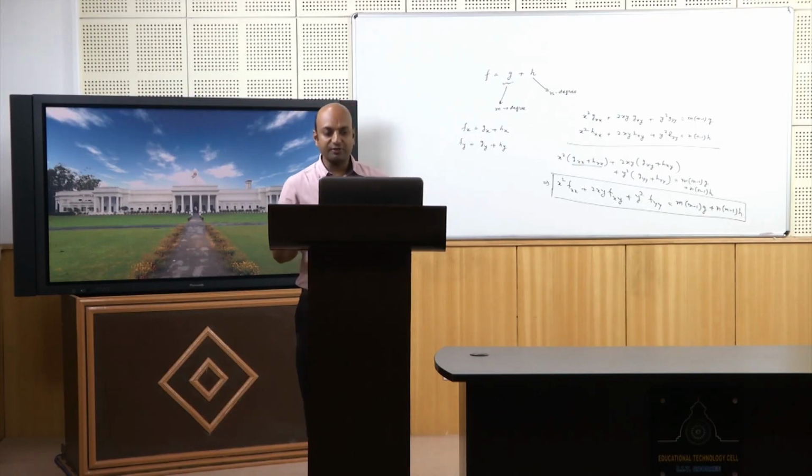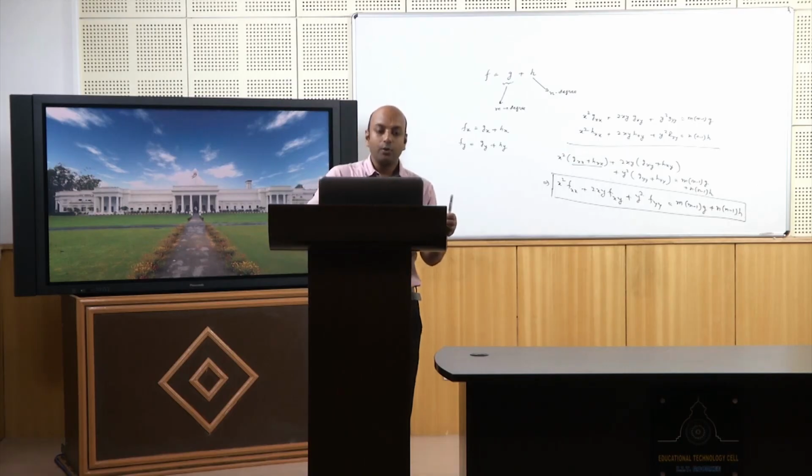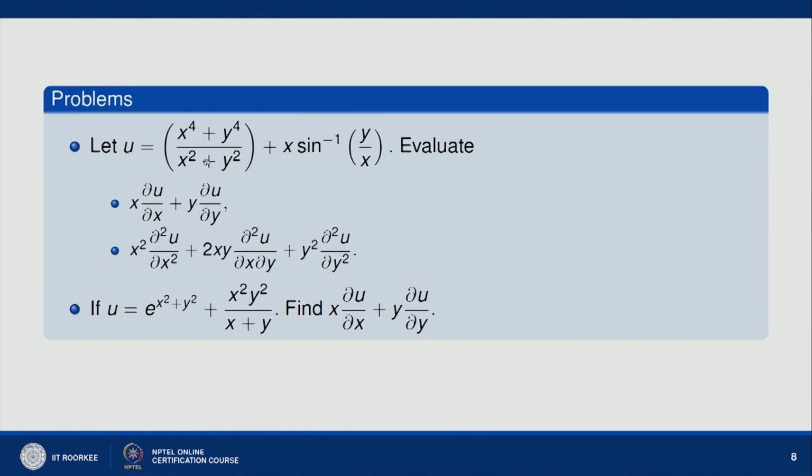Now, suppose we have the first problem. In the first problem u is equal to this term plus this term. Now, this term is a homogeneous function of degree 2, the first term. The second term is also a homogeneous function of degree 1. So, both are homogeneous functions having different degree.